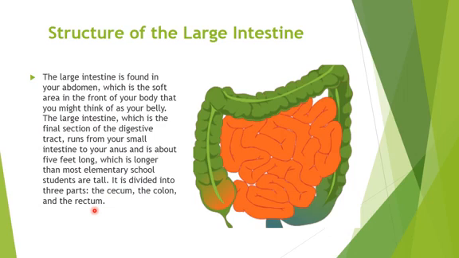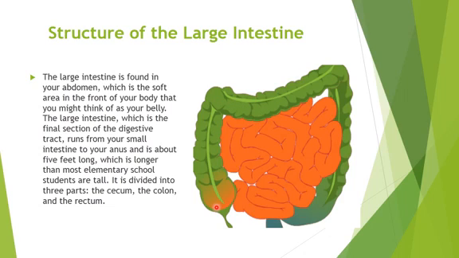Now this is some basic information about the structure of the large intestine. They are telling that it is in the abdomen and it is the very soft part of the body.